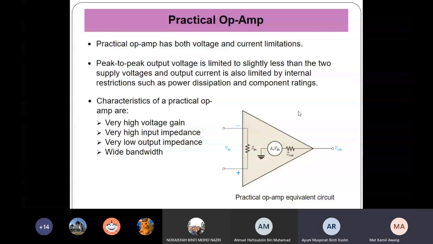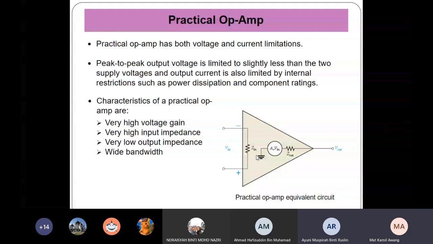The output current is also limited by internal restrictions, such as power dissipation and component rating. For a practical op-amp, it will definitely generate heat because you have resistance inside. Remember the equivalent circuit for the op-amp, you have resistors, and those resistors generate heat. Therefore, power is dissipated as heat.